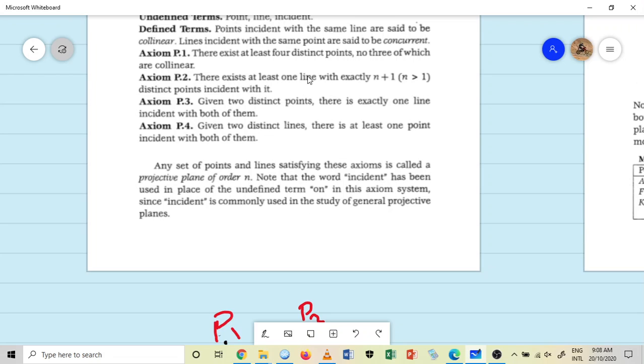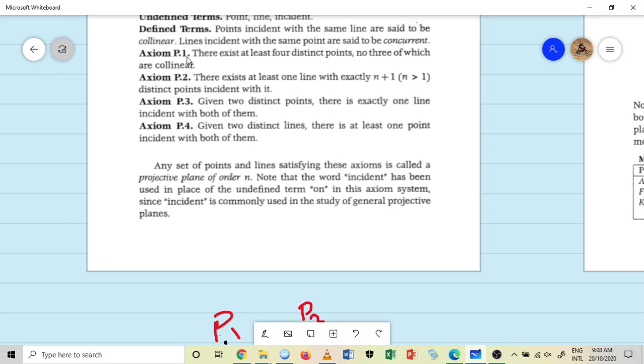At this point, this would be quite ambiguous because n here is an arbitrary integer greater than 1. What is meant to say here is that if n is 2, there would be at least one line with exactly 3 points on it. If n is 3, there exists at least one line with exactly 4 points on it. We'll go back to that axiom later on.